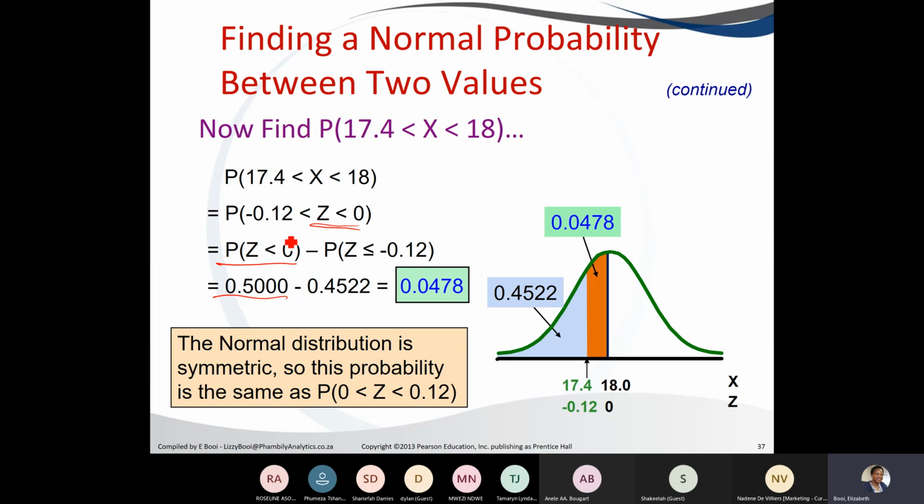And we find the probability of Z is minus 0.12, and it says 0.45522. When we subtract both of them, we get the probability equals 0.478.